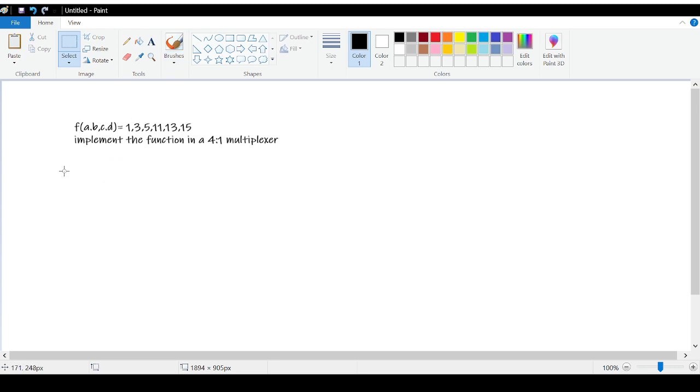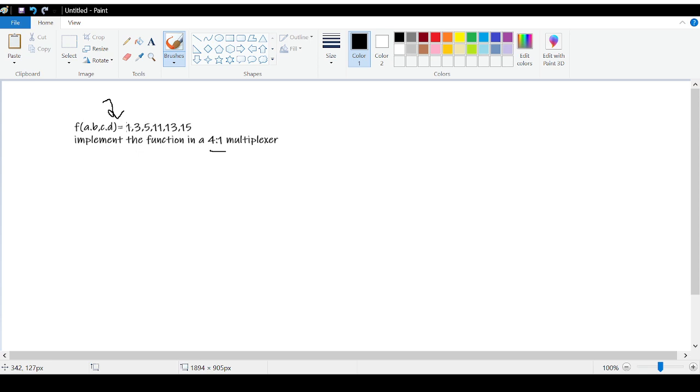Okay, can you guys see the question? Alright, so here you're asked to implement a function using a 4:1 multiplexer.